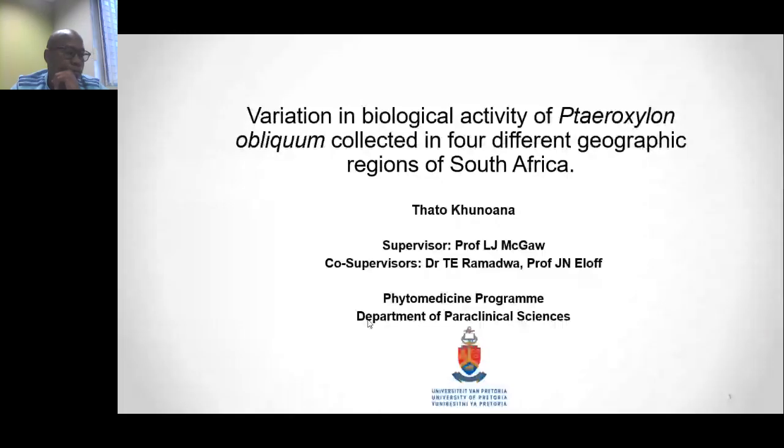We compared it with rutin, but because we are focusing on the differences between the ethanol extract and the water extract, we decided to leave out the reference compound because we know there is information about the reference compound everywhere in other literature. So we decided to concentrate on the two extracts. I hope I answered the question to the satisfaction of the questioner. Okay. Thank you so much, Oladayo.